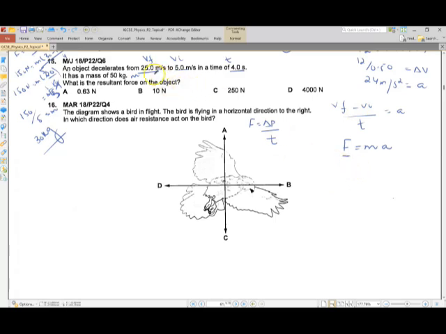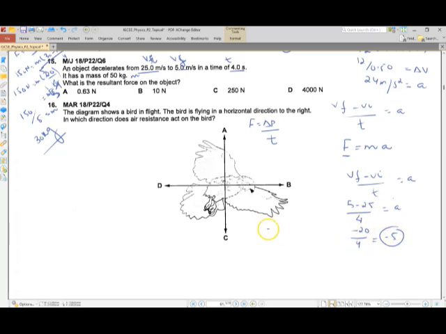Okay, now we know that 25 is our initial velocity. We will use this formula for the time being. Sorry, this is the initial and this is the final. It decelerated, right? So 5 minus 25 over 4 is going to give us acceleration, that is minus 20 over 4, that is minus 5, as this is deceleration.